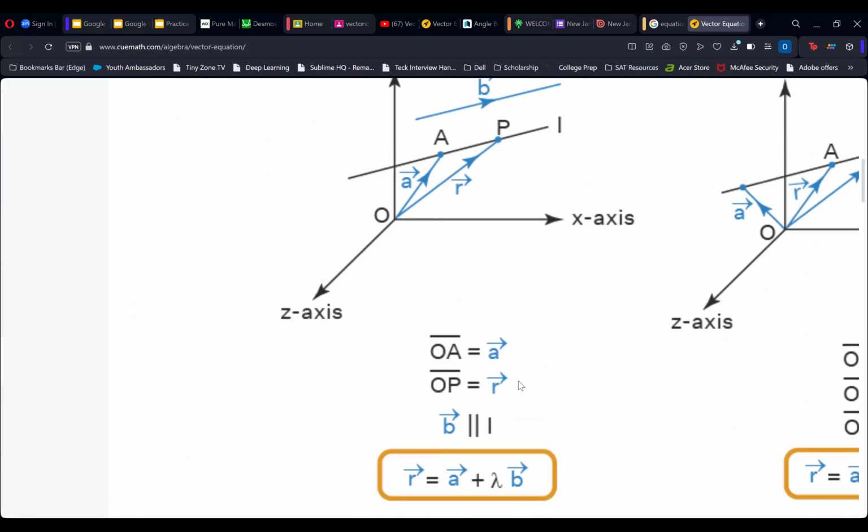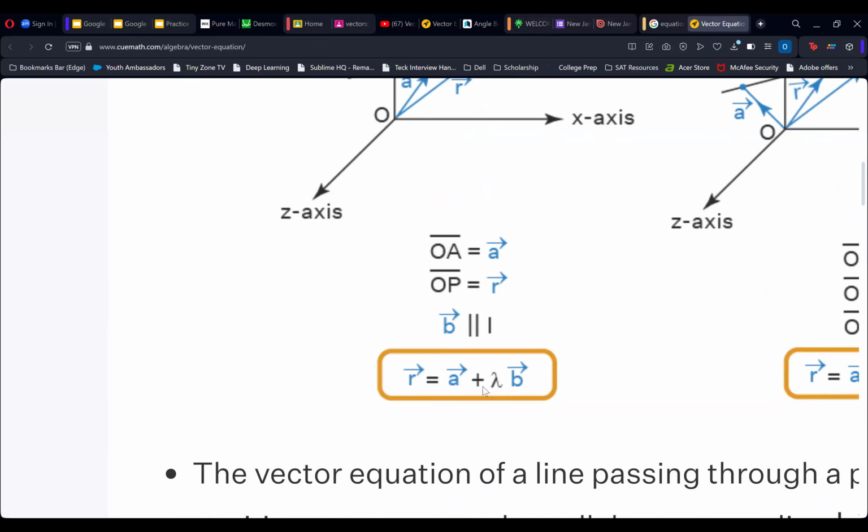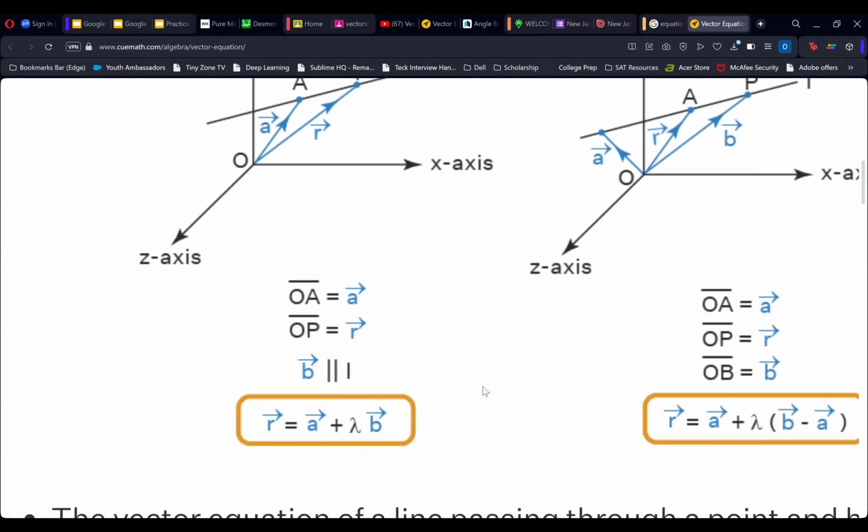And then B, realize that B is technically the gradient, the direction that it's going. And then lambda is just a parameter, which means that if lambda changes, the point R on the line changes as well.